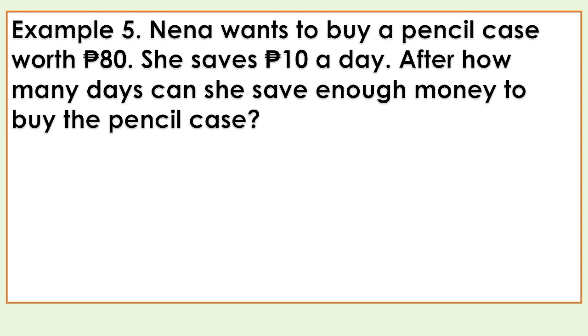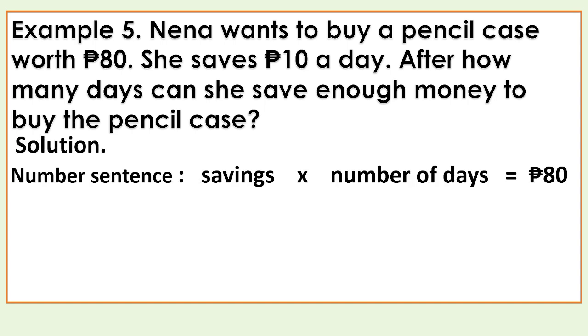Example 5. Nina wants to buy a pencil case worth 80 pesos. She saves 10 pesos a day. After how many days can she save enough money to buy the pencil case? Solution. Number sentence: savings times number of days equals 80 pesos.